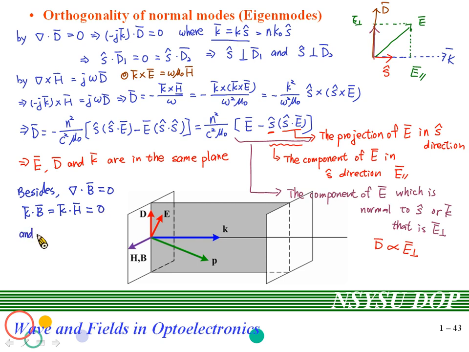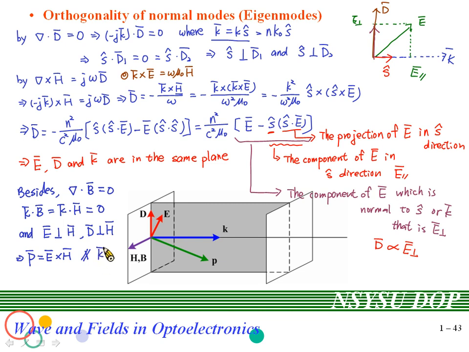Besides, we also know that the E is normal to H, and the D is also normal to H. As a result, we can say that the Poynting vector P, which is defined as E cross H, will now not be parallel to the K vector.